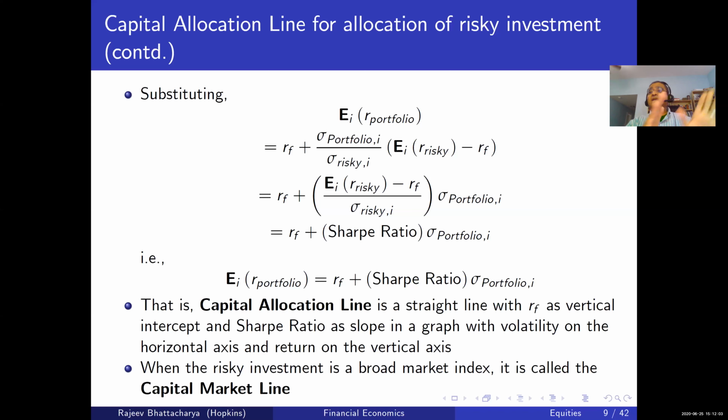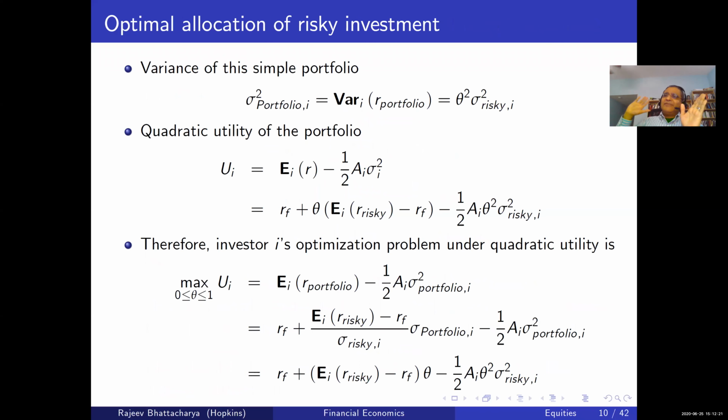On the other hand, if you want to do a similar capital market line for a different time period, the vertical intercept itself will change because the risk-free rate changes from time to time. Those are the intricacies we have to be aware of when working with actual data. Having said that, we have now set up the framework to go deep into optimal allocation of risky investment.